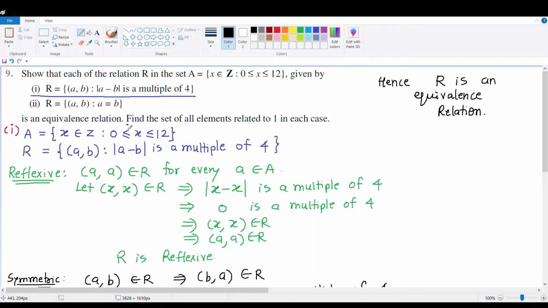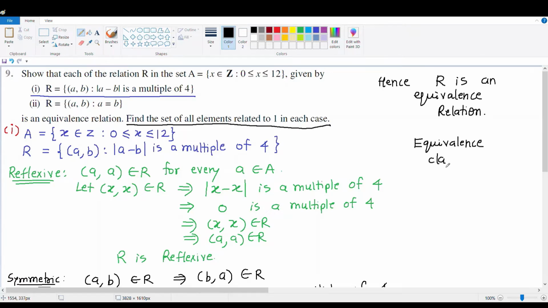But now we need to find the set of all elements related to 1 in each case. Right now we are doing case 1. For this case, we need to find the set of all elements related to 1. That means the equivalence class of 1.